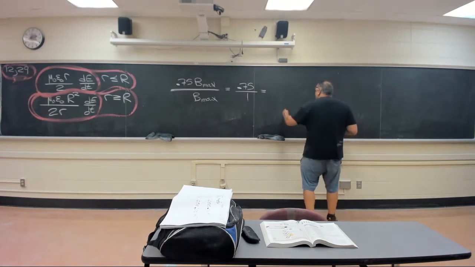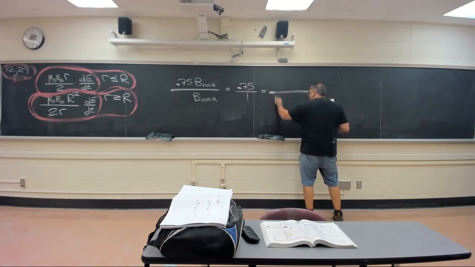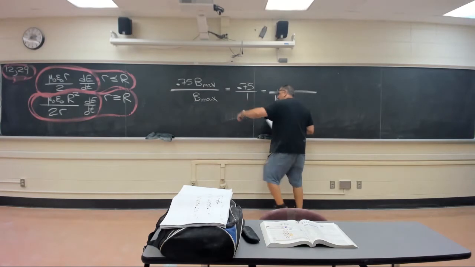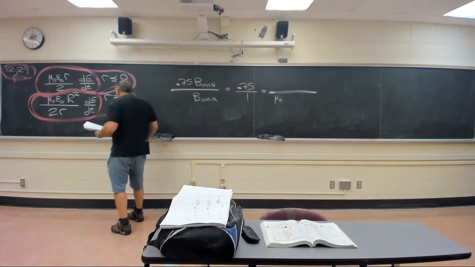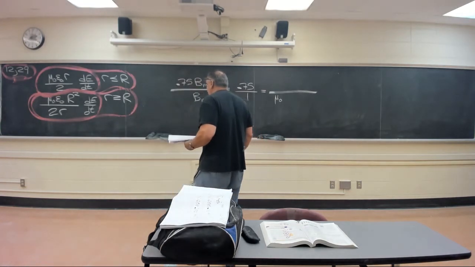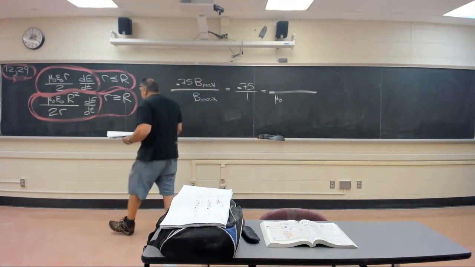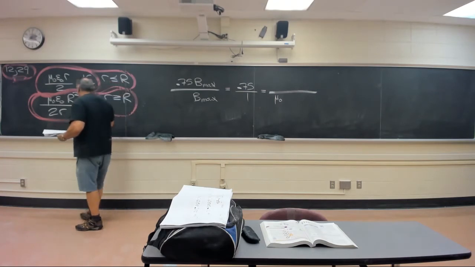We know the maximum value. We already did the whole song and dance over there. I said the max is going to occur, or at least we feel that it's going to occur, when the biggest value is going to be in circumstances such as this.